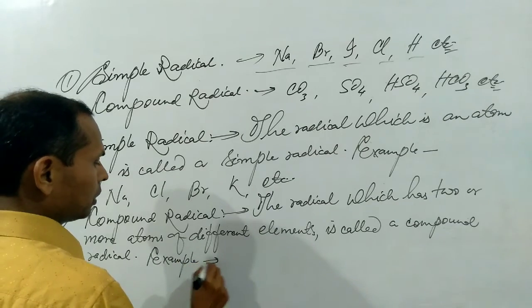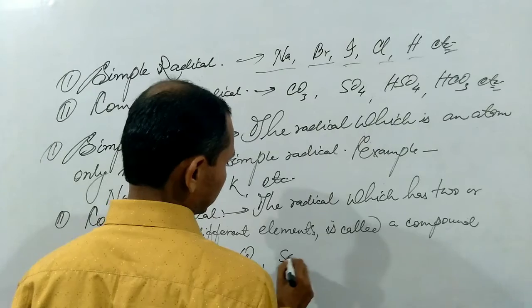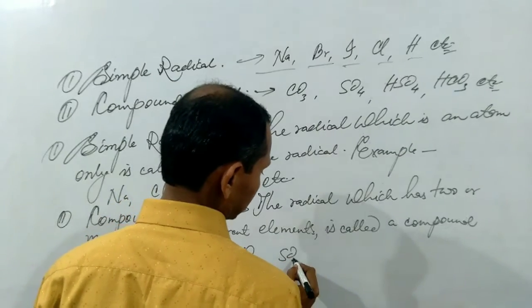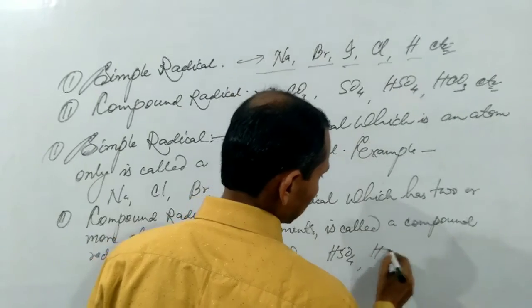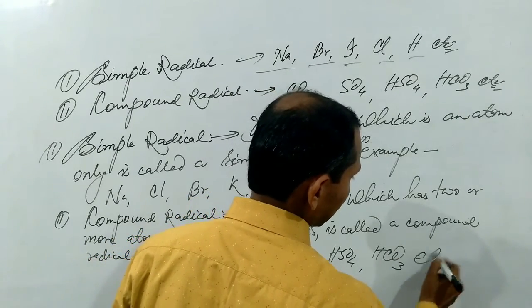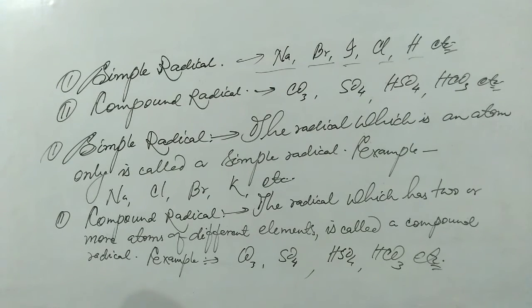Some examples of compound radical are carbonate radical, sulfate radical, bisulfate radical, bicarbonate radical, etc. So we have simple radical and compound radical.